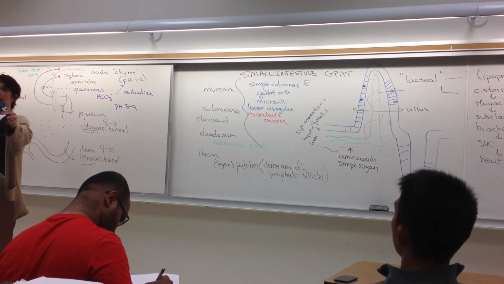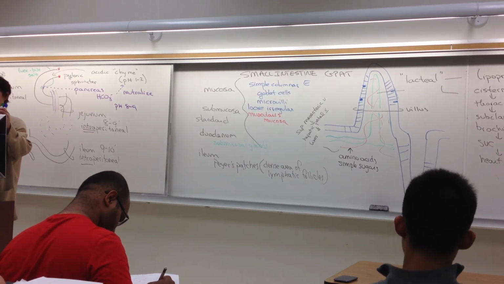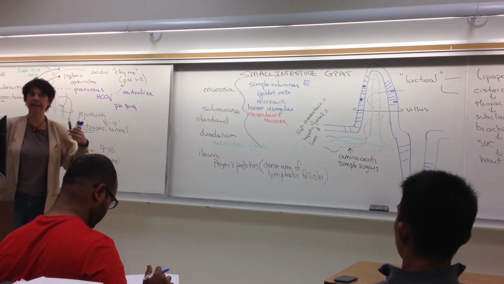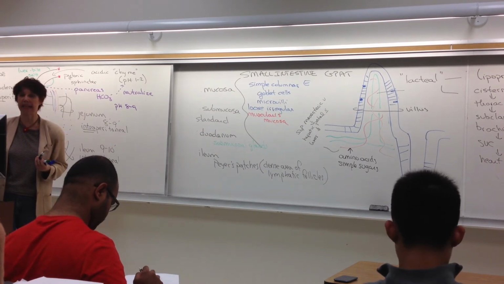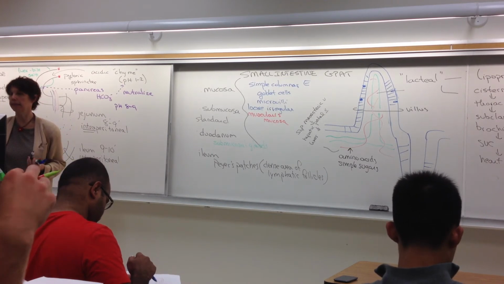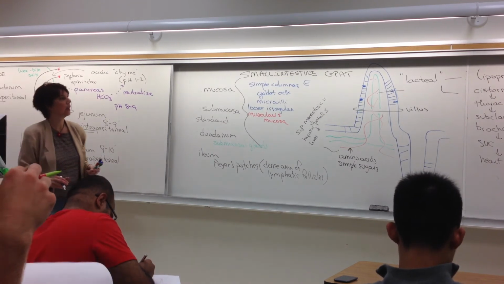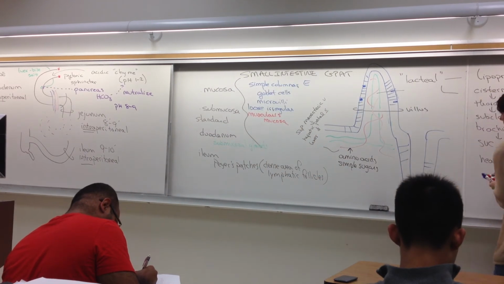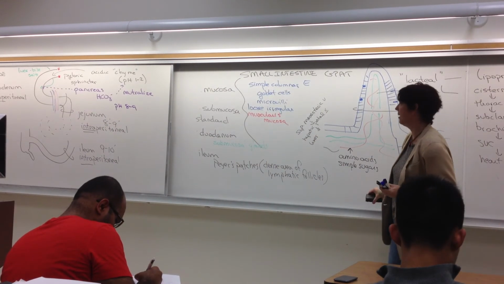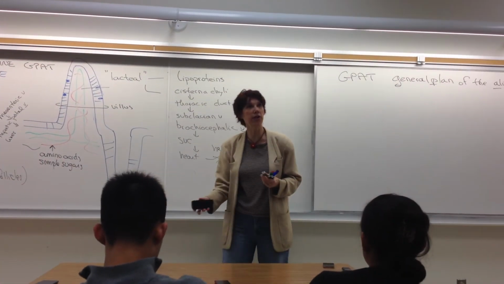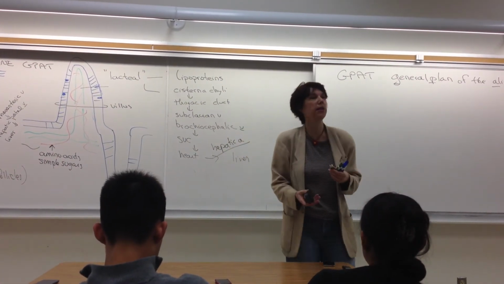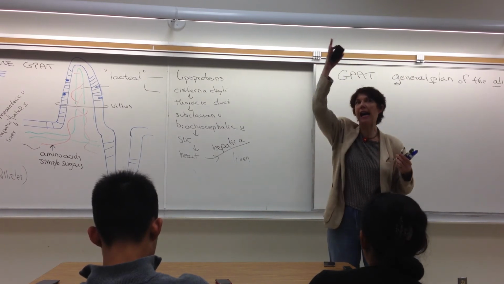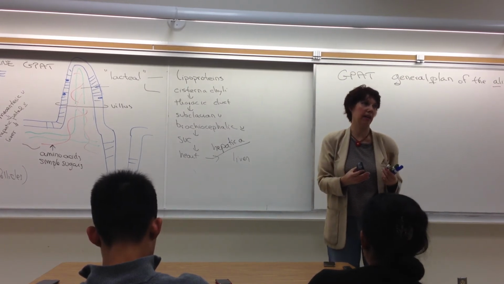All right, the muscularis externa is standard, nothing different. And our serosa is standard as well. Again, this was the template that we utilized. Now, before we leave the small intestine, because of its function in secretion of enzymes and absorption of nutrients, we have a high increase in the amount of surface area.